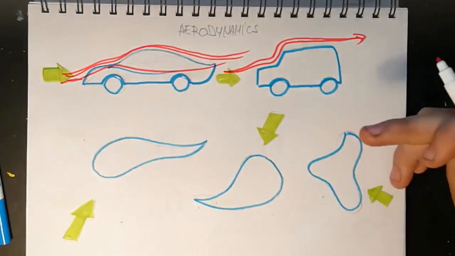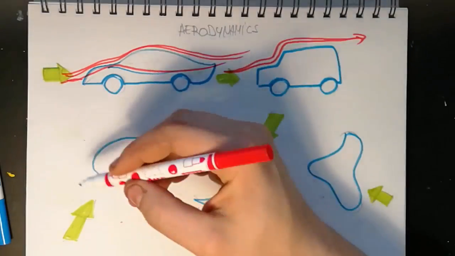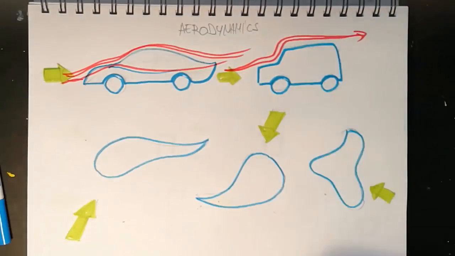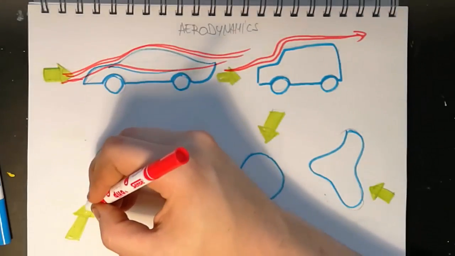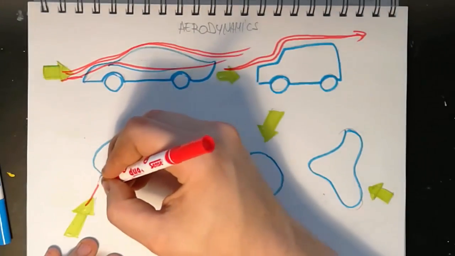I have a couple of blobs, and we're going to use the same technique and imagine how air would flow around these things. Air would go strictly in the middle and split into two halves.